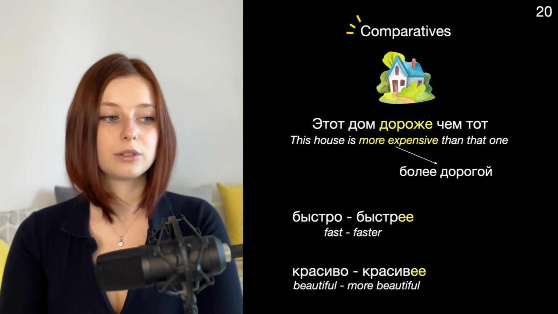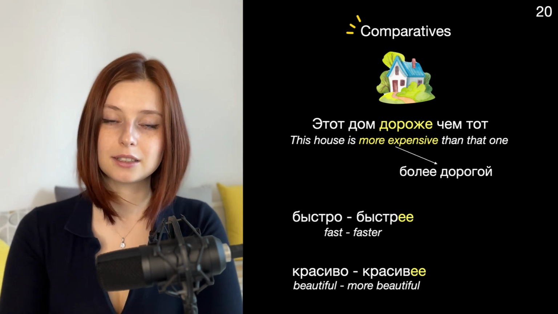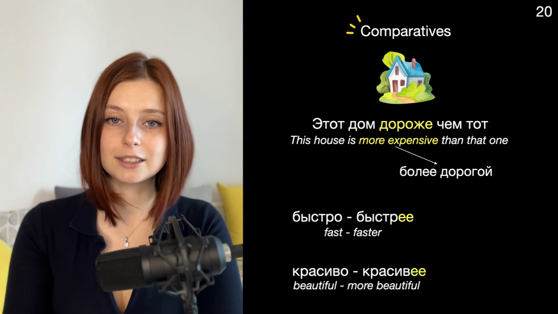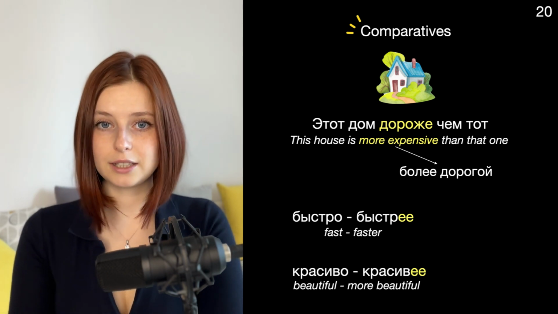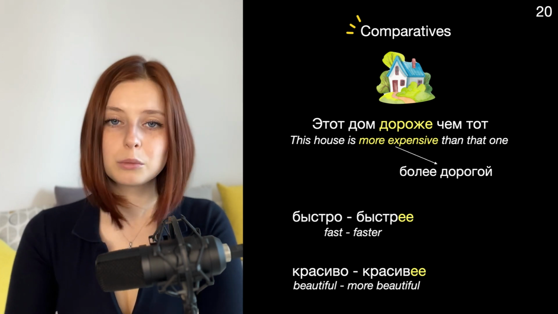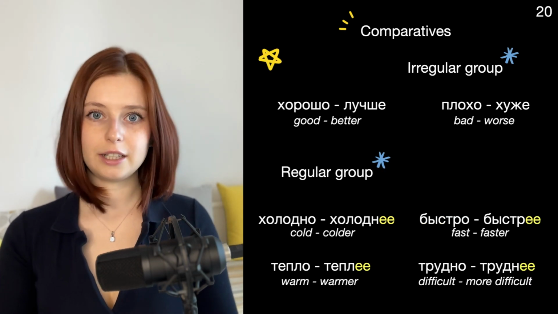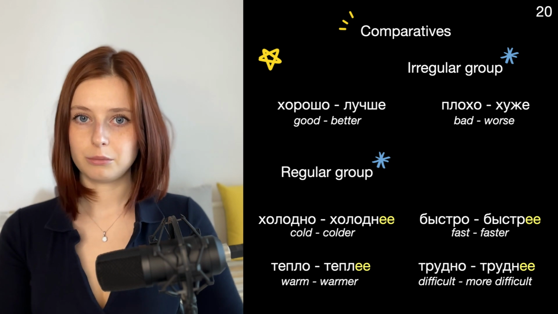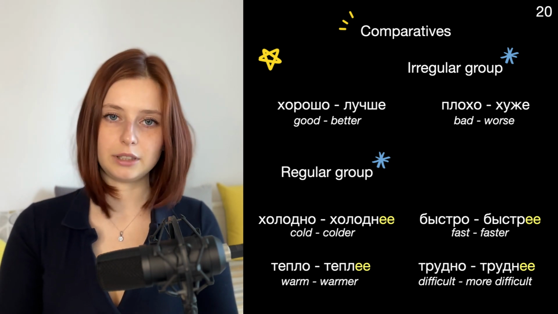Дороже. You want to say faster. Быстрее. Быстро, fast. Быстрее, faster. You want to say more beautiful. Красиво, красивый, beautiful. Красивее, more beautiful. We have irregular ones, just like in English. Good, better, bad, worse, or something like that.